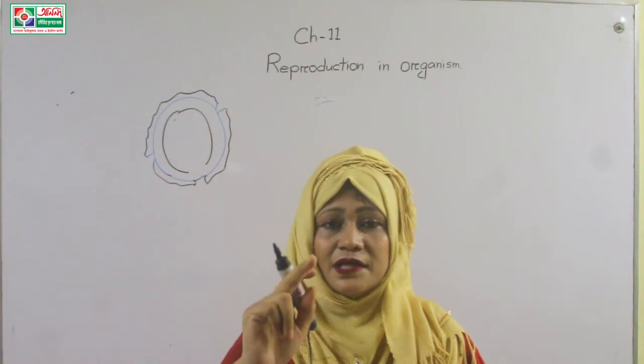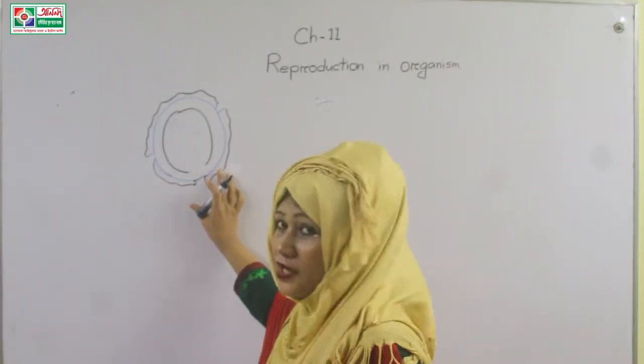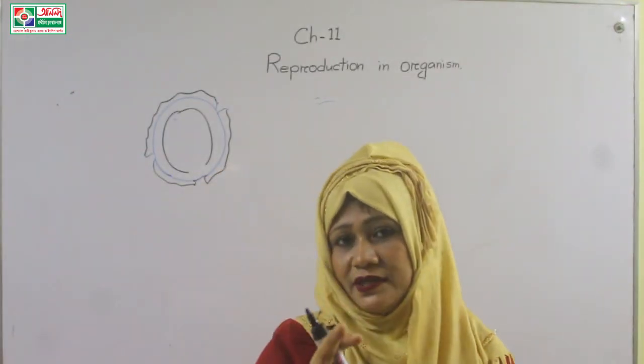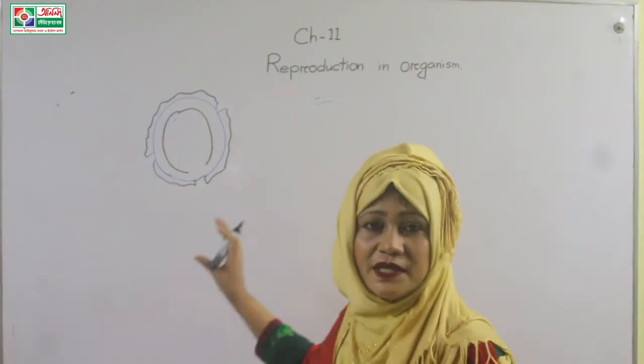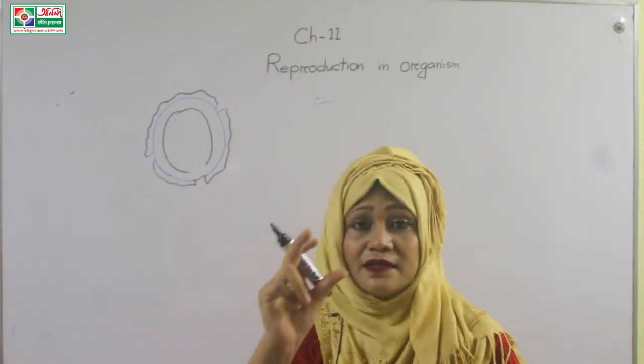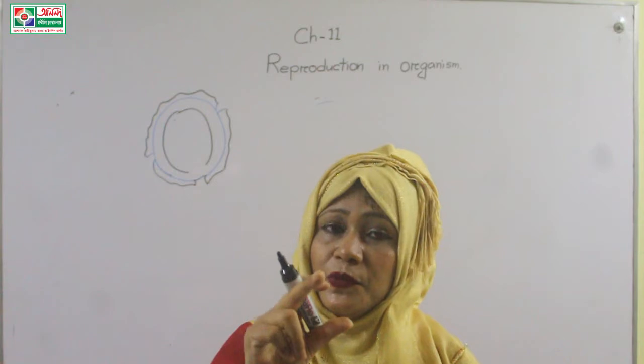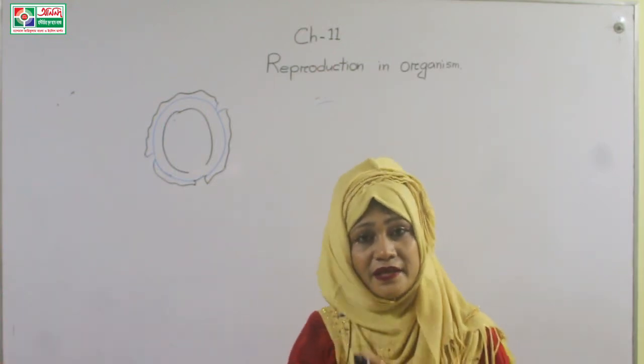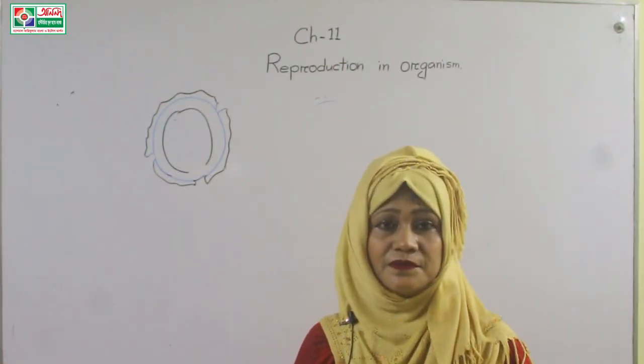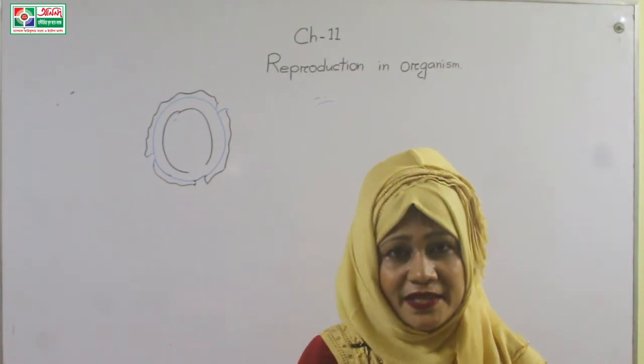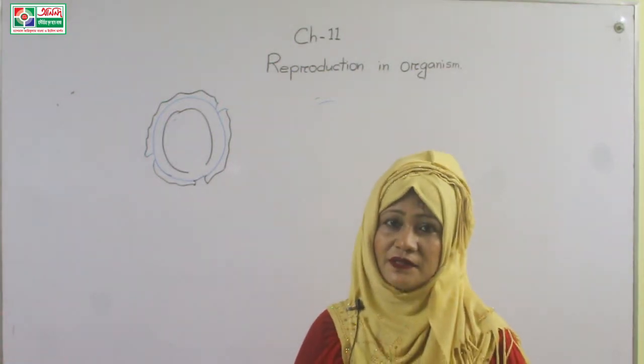If the receptor of the pollen grains matches with the receptor of the stigma, then the stigma will allow the pollen grain to germinate, otherwise not. The pollen grains will be destroyed.